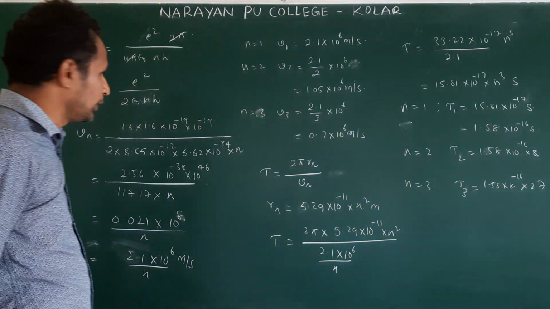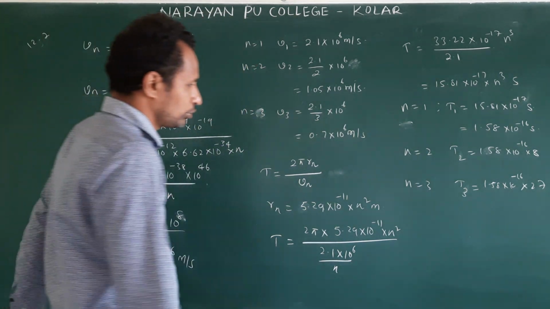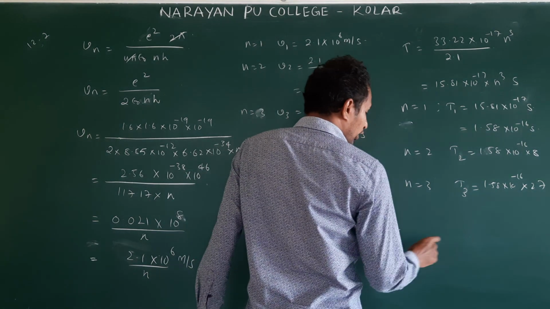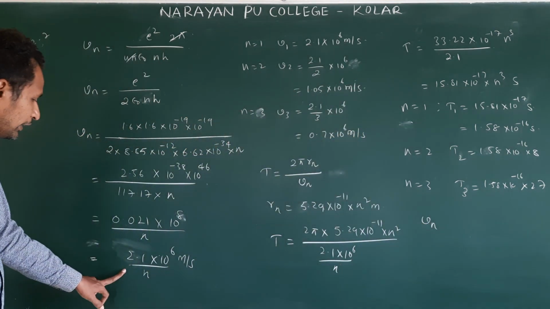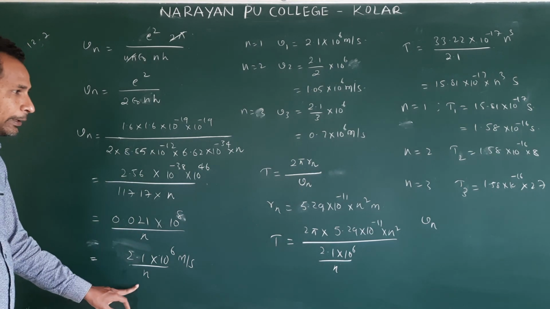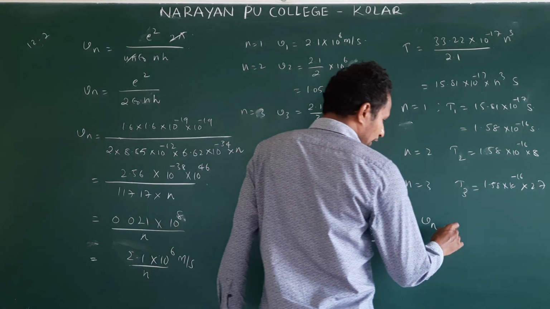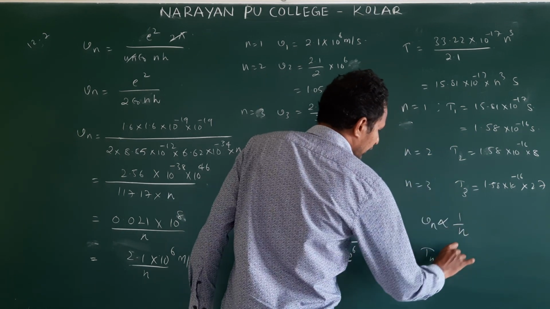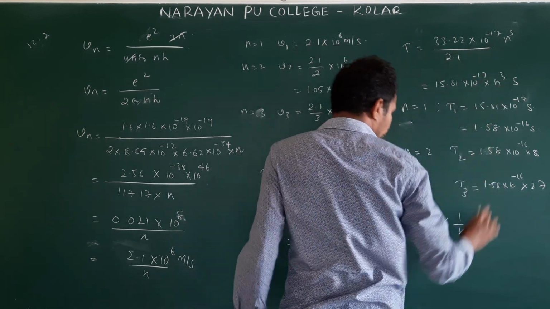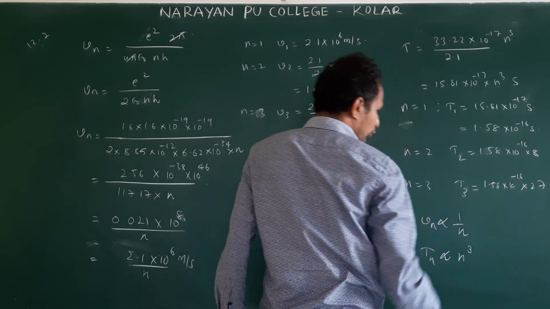So please remember here, for the competition, Vn has a direct relation, you remember this: 2.1 into 10 power 6 by n. Or Vn, velocity, is inversely proportional to n. Tn is directly proportional to n cube.